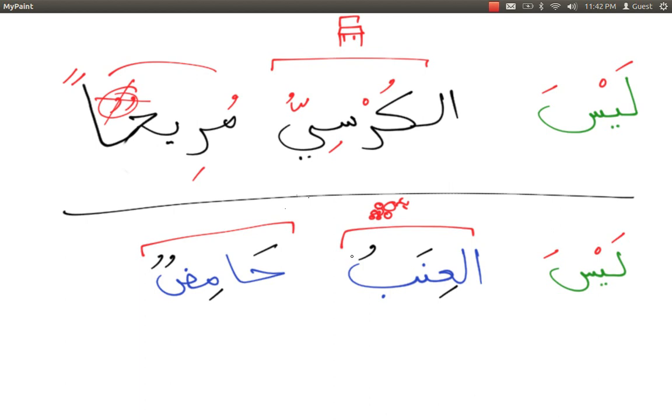Okay, so if we put ليس, remember we have to change here the ending. It has to be حامضا. Good. So now the sentence says ليس العنب حامضا.